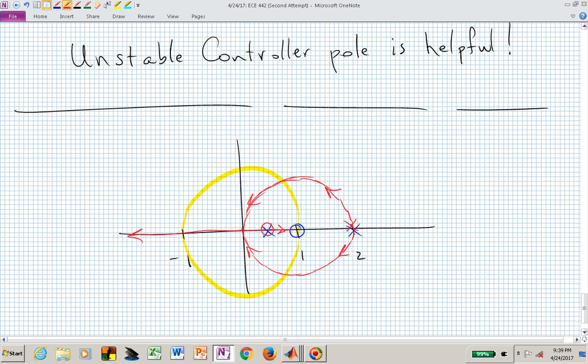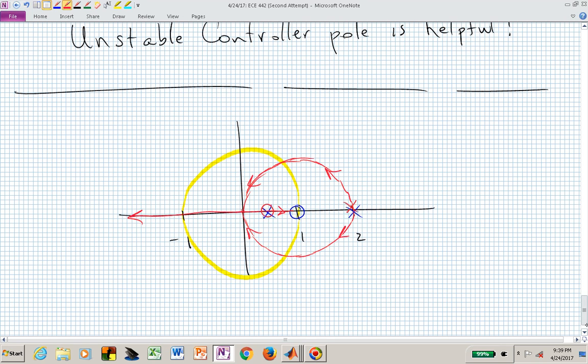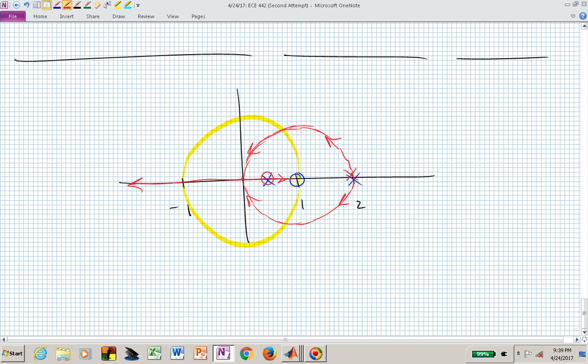And I hope now you can see that in fact we have the possibility of finding these limiting values of gain that we could use to guide our closed loop pole selection. For example, if we looked at a gain to get us to that particular point, the triangle, that's the minimum gain that we would need.